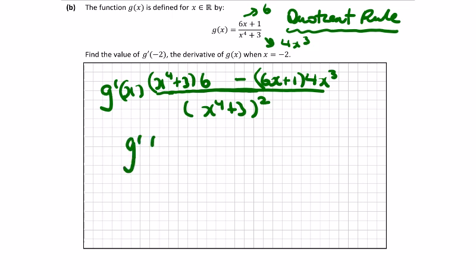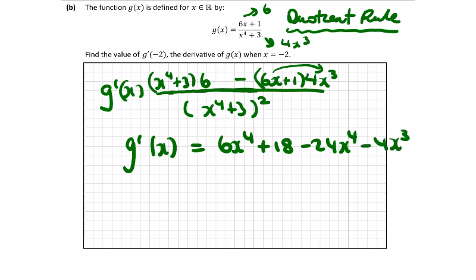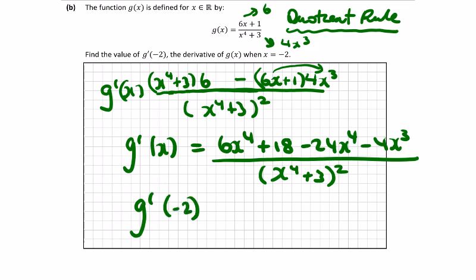Let's simplify it down first. g prime x is equal to 6x to the power 4 plus 18, minus 24x to the power 4, the 6x by the 4x cubed with the minus sign, and minus 4x cubed, all divided by x to the power 4 plus 3 squared, and we want g prime minus 2. So this is just calculator substitution unless you want to work it out manually. So sub in 6 by minus 2 to the power 4 is 16.